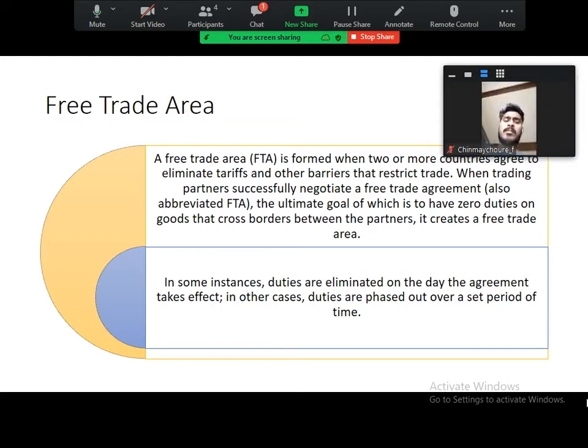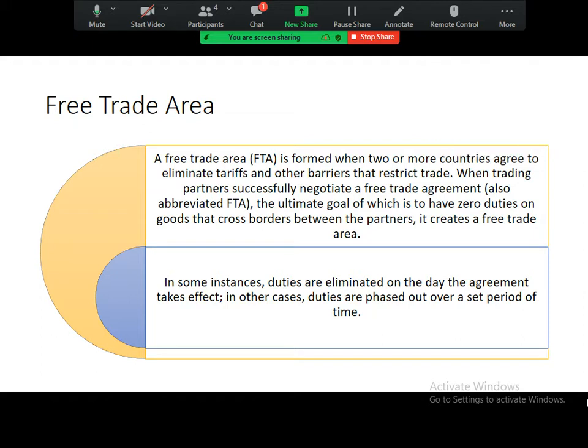So my question is, for example, Chile and Canada established an FTA, that is free trade area, in 1997. A Canadian-built Caterpillar grader tractor, that is the product, imported to Chile, would not be subject to duties.